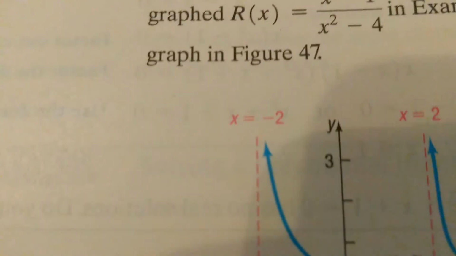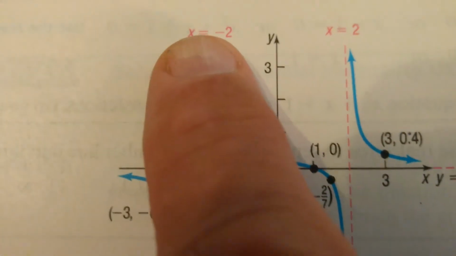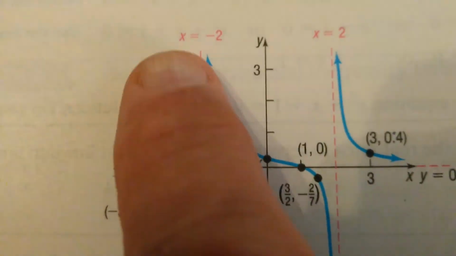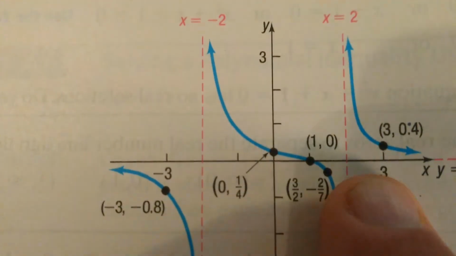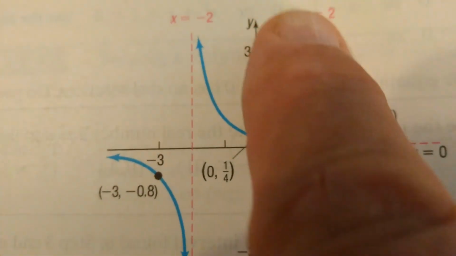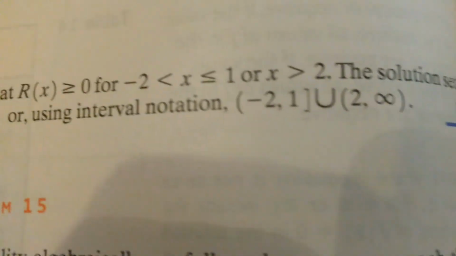I made a mistake. This is coming from negative 2. So this is coming from negative 2 to 1. So it's parentheses negative 2, comma, bracket 1, union, parentheses 2, going to positive infinity. Disregard what I said before.